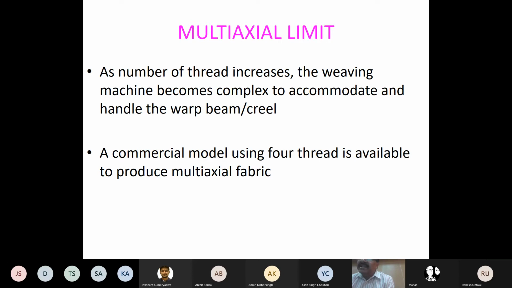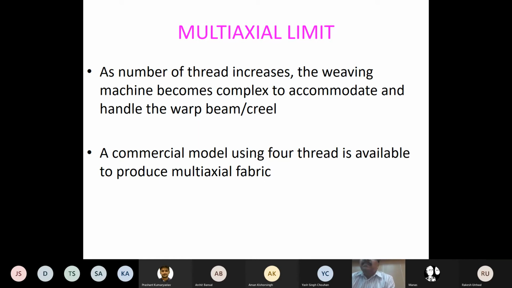All these 5 let off mechanisms must maintain synchronization with take up mechanism, so that equal length of yarn must be drawn from all these 5 beams. Then only you can maintain equal tension in all the warps. So higher is the number of warp, more is the number of beams, and more difficult it is to maintain tension in all the warp yarns with identical let off mechanism on the machine.